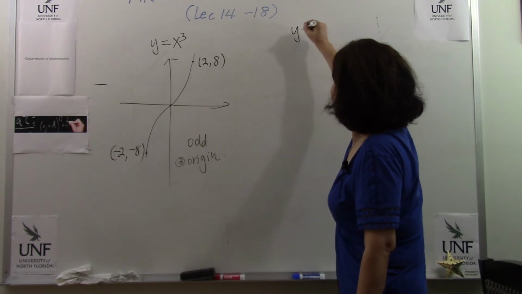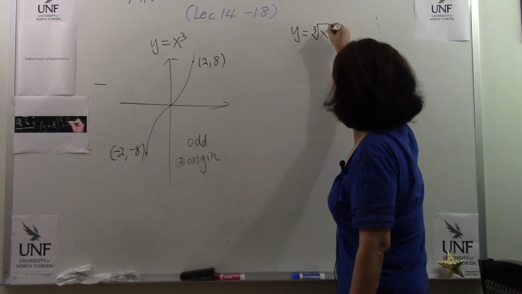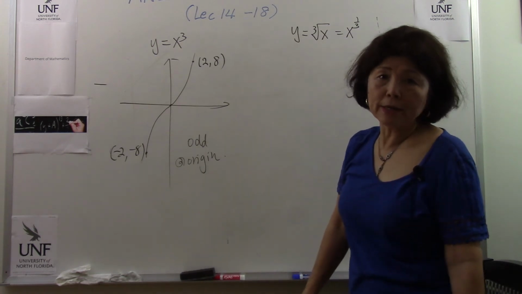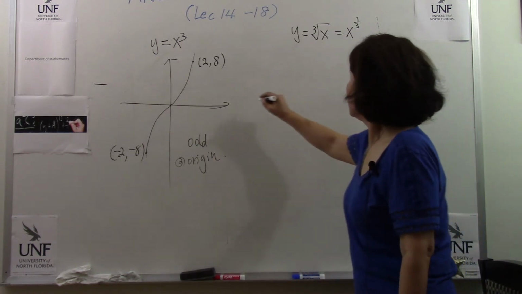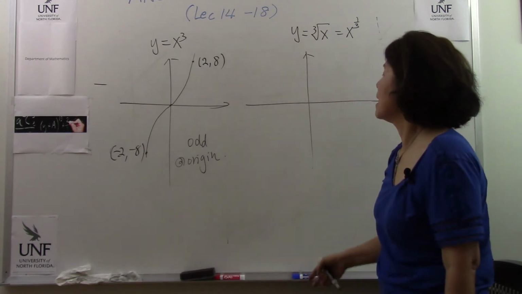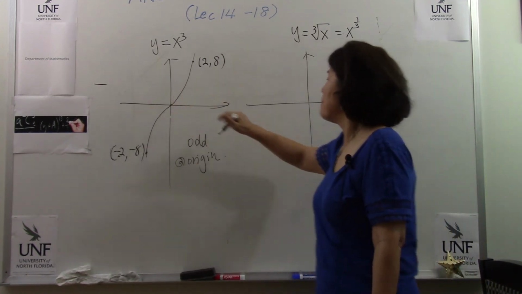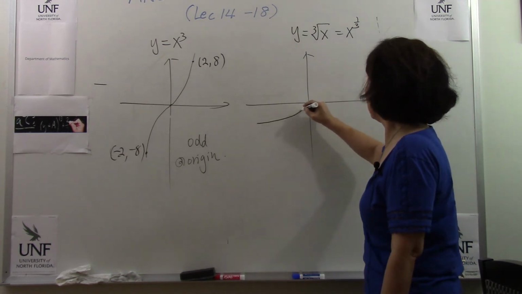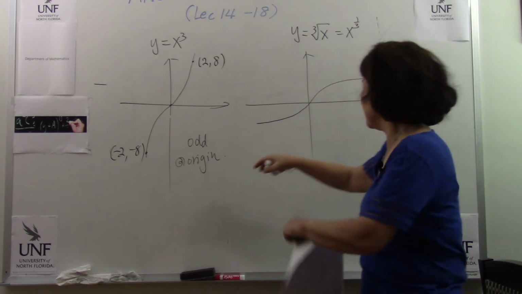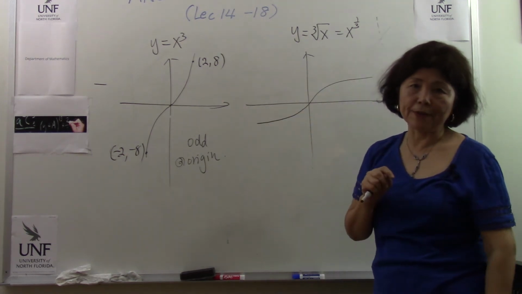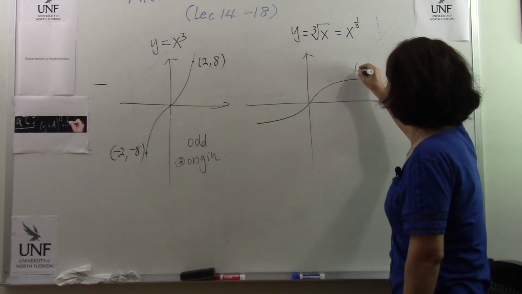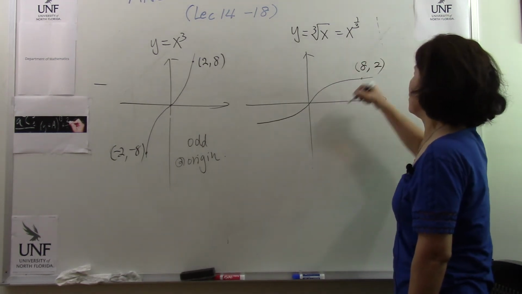On the other hand, y equals cube root of x. You can also write it as x to the 1/3 power. Same thing. The graph has the same shape, but it is going to be like this. It's vertically stretched, or here horizontally stretched. For example, when x equals 8, y equals 2.